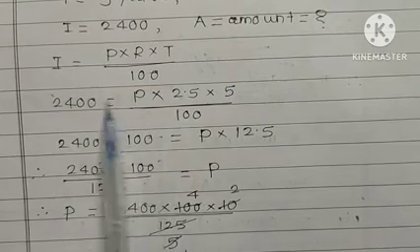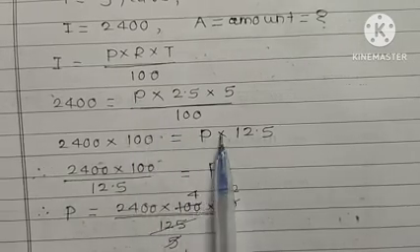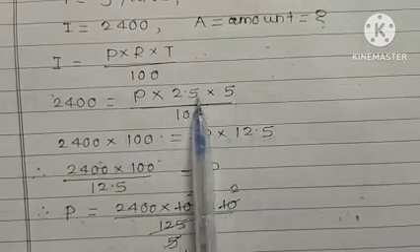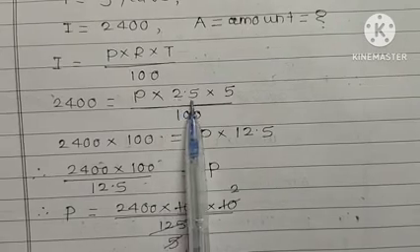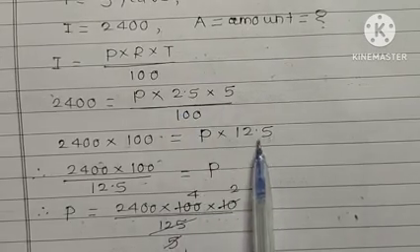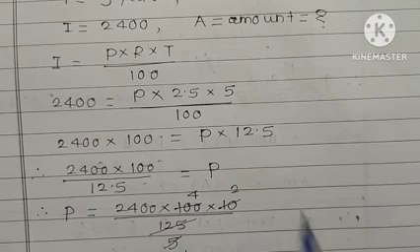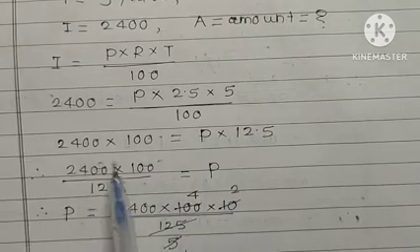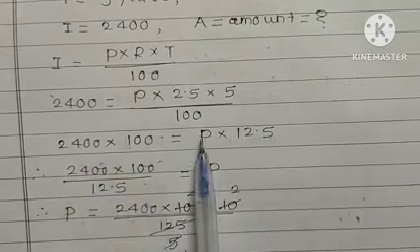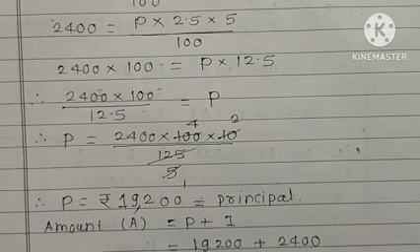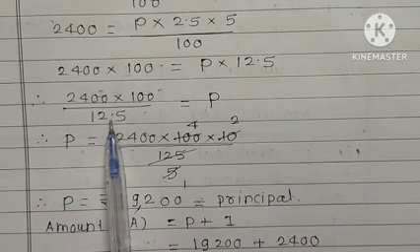Now friends, cross multiplication. 2,400 into 100 is equal to P into this product. 2.5 into 5, that is 12.5. 25 fives are 125. Decimal after one place. So 12.5. Now taking this 12.5 in the denominator, 2400 into 100 upon 12.5 is equal to P. Friends, you know, to remove this decimal, what do we do?